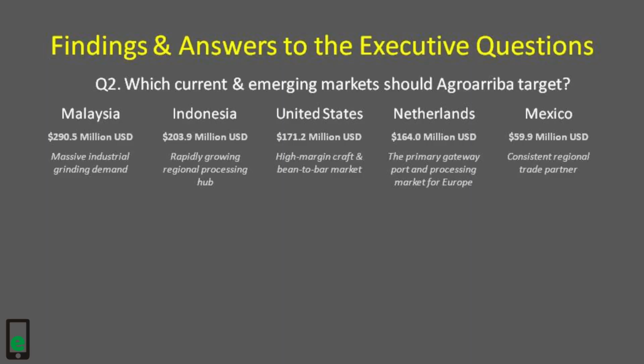The second question that was focused by Matteo was which current and emerging markets should his company, that is Agro Aribba, target? This was the question put by Santiago to Matteo. Second question.